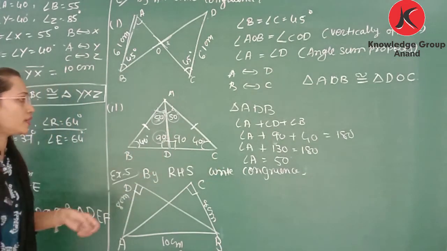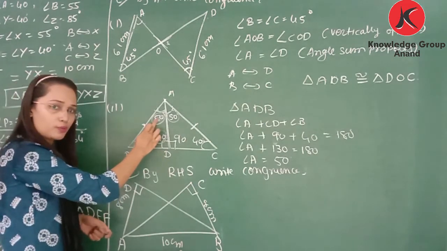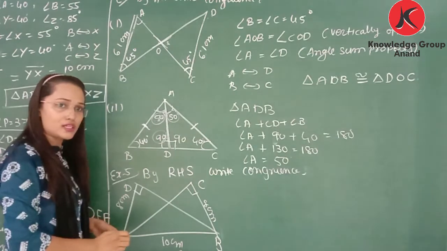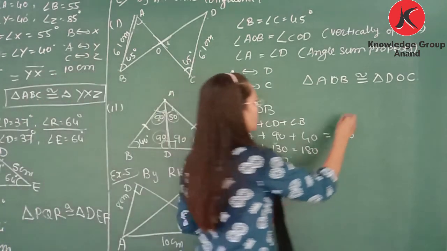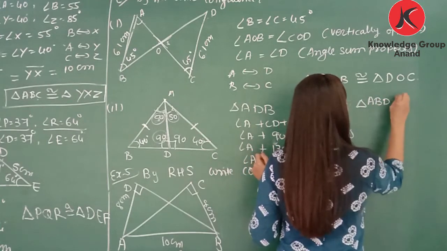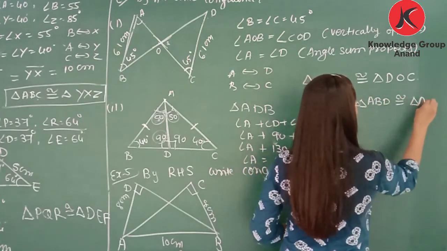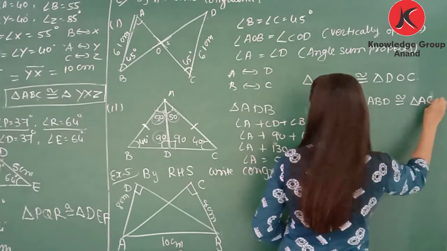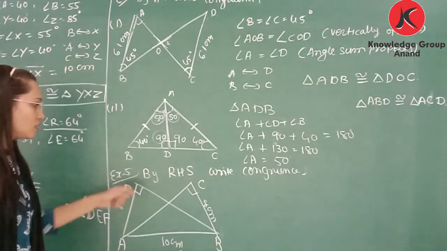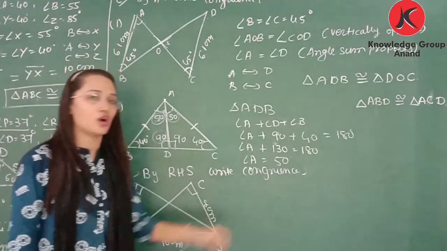Because of the angle sum property: this angle is 50 as we found, 90 degrees, and the same way we found this is 40 by angle sum property. So we can write the correspondence ABD corresponds to ACB. Clear?